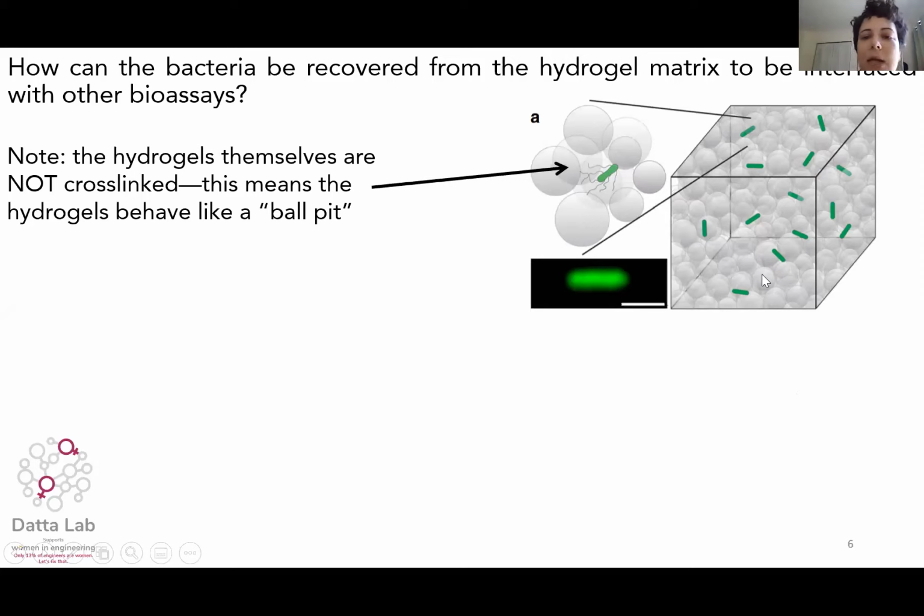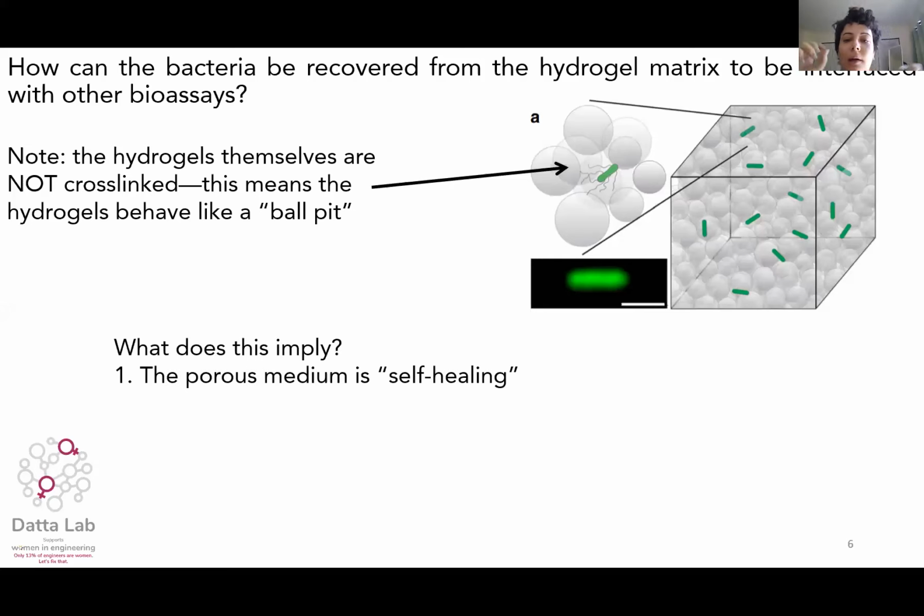Basically the hydrogels themselves, each of these individual circles, are not stuck to each other. This means they behave more like a ball pit rather than a solid matrix. And because it's a ball pit, we can consider this medium self-healing.